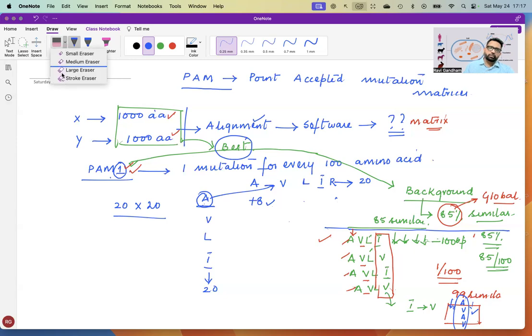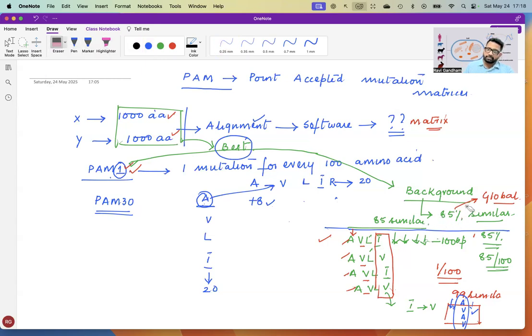Let's say instead of considering PAM1, you have considered PAM30. What happens? For us to better understand PAM30. Now, again, the rationale is one and the same. What it does, it picks up all the sequences here.